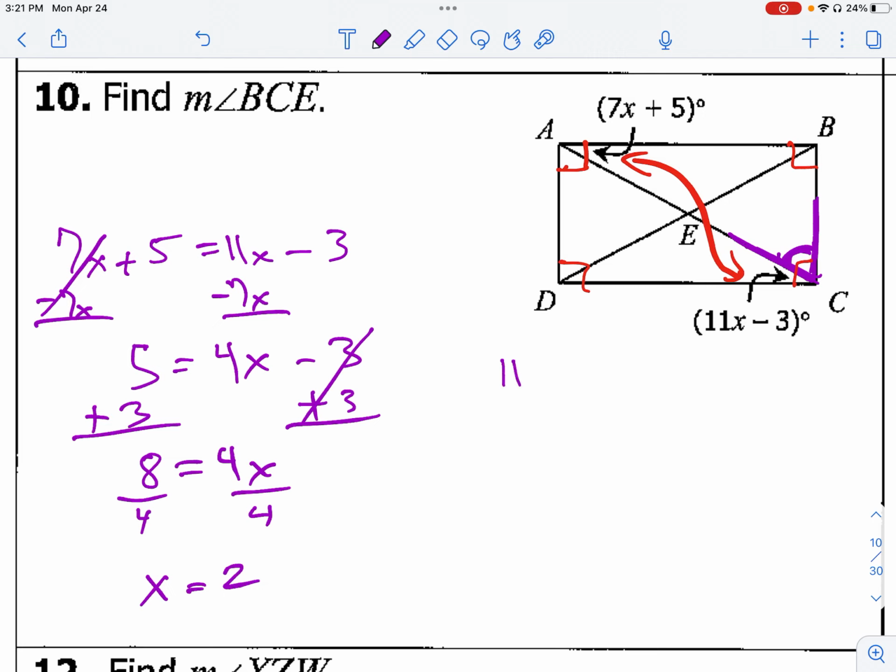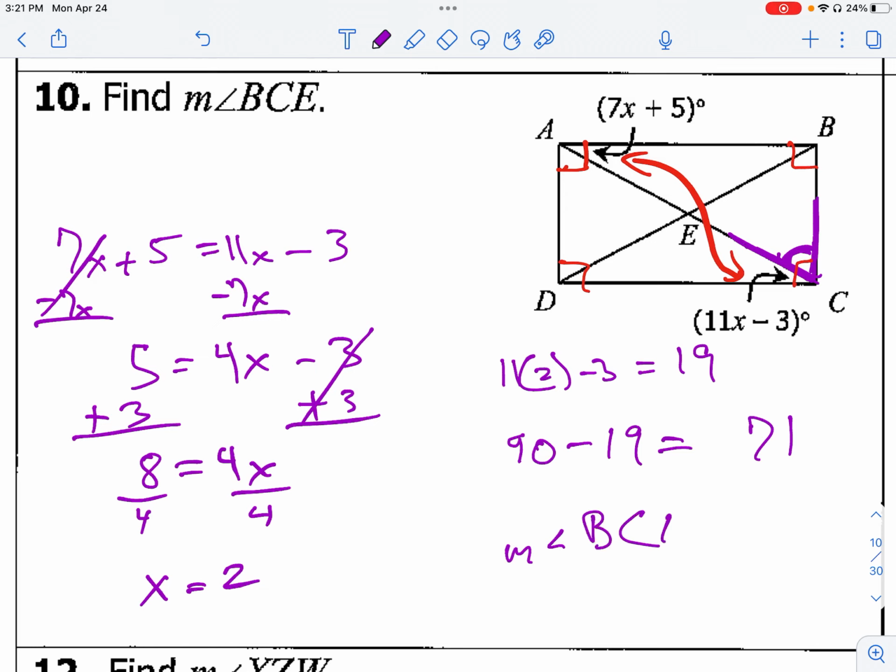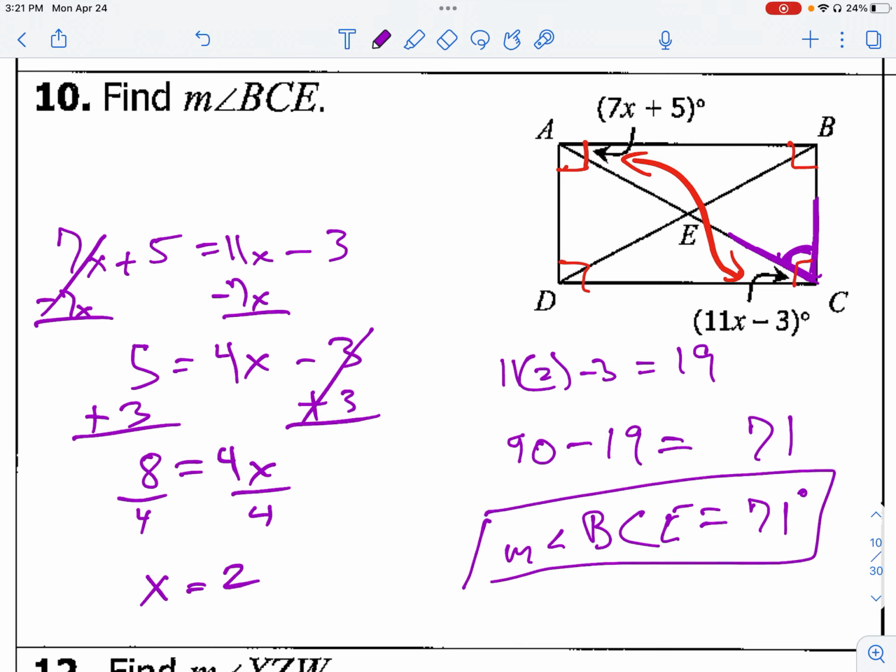Well, we know 11x, x is 2, minus 3 is going to equal 19. We know that the big angle, BCD, is going to be 90 degrees. So minus 19 equals 71. So the measure of angle BCE equals 71 degrees. We're done with that one.